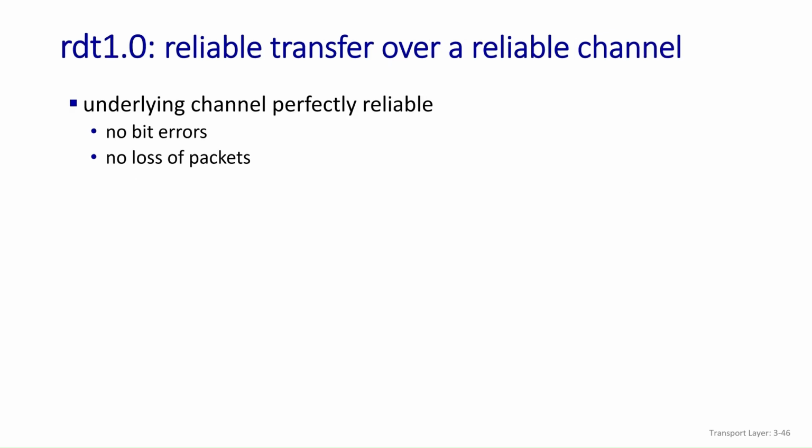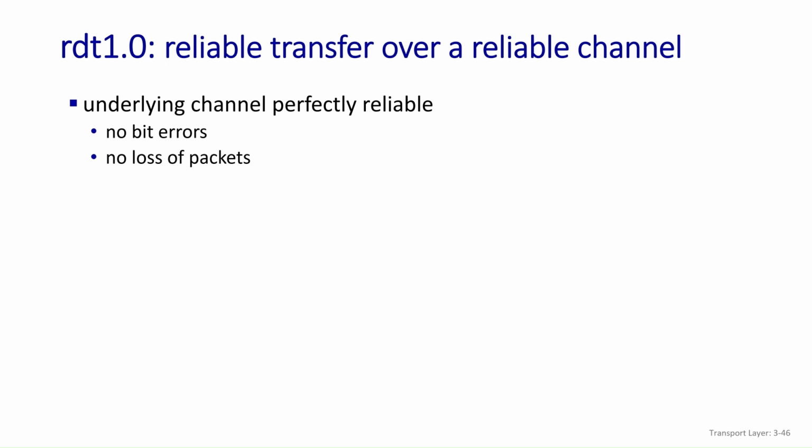Okay, let's talk about the first variant, reliable data transfer 1.0. This is a very simple reliable data mechanism where the underlying channel is perfectly reliable. I mean, the underlying channel that we are assuming at the moment is not introducing any bit errors, and no packet losses are observed.